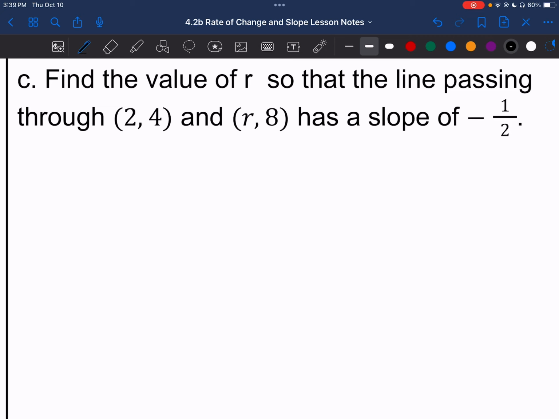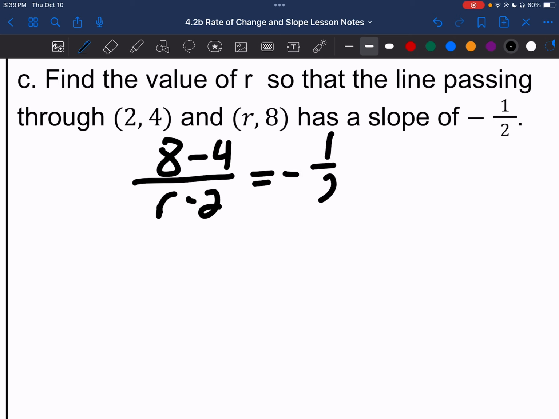Example C, we have a slope of -1/2, so we're going to set up our subtraction. 8 minus 4 over r minus 2 is equal to -1/2. This one we're going to want to cross multiply for. So we have 8 minus 4 in my numerator, which is going to be 4, and we're going to multiply that by 2, which is 8, and that's going to be equal to negative 8.